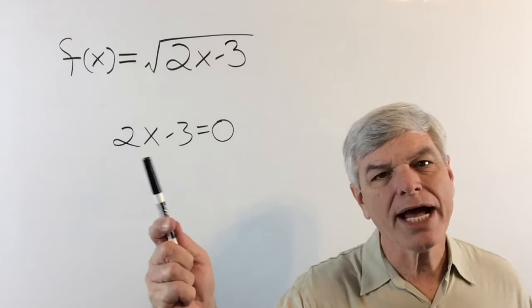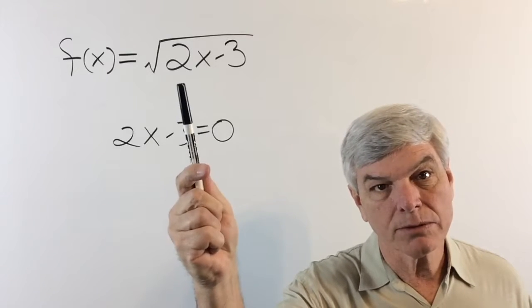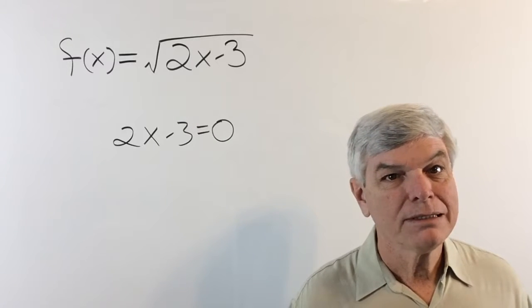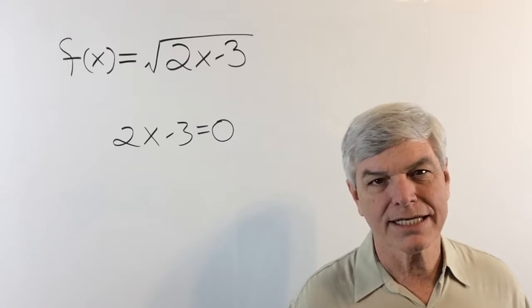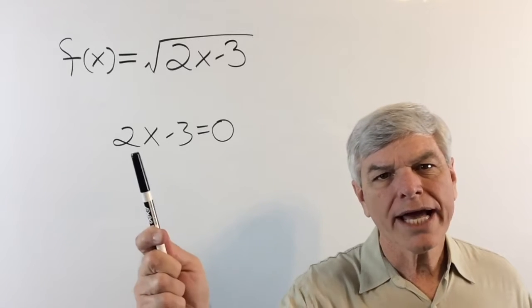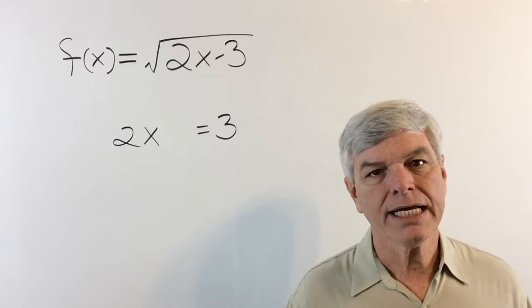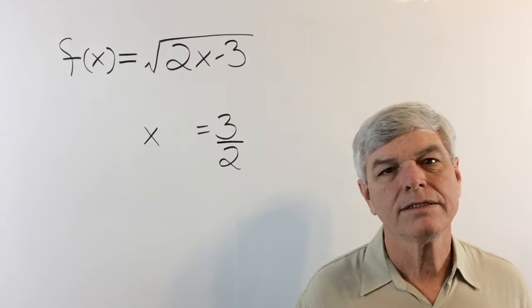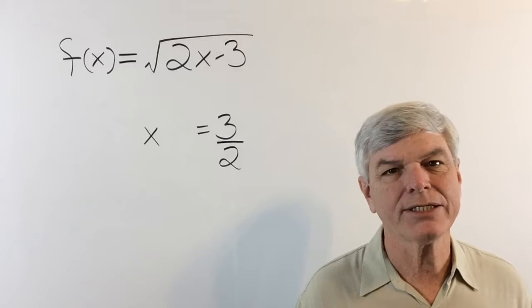We say 2x minus 3, that is whatever is inside the root, equals 0. Now just hang with me, because when we get to the end, this will make a lot of sense. Okay, so 2x equals positive 3, and if we divide both sides by 2, x equals 3 over 2.